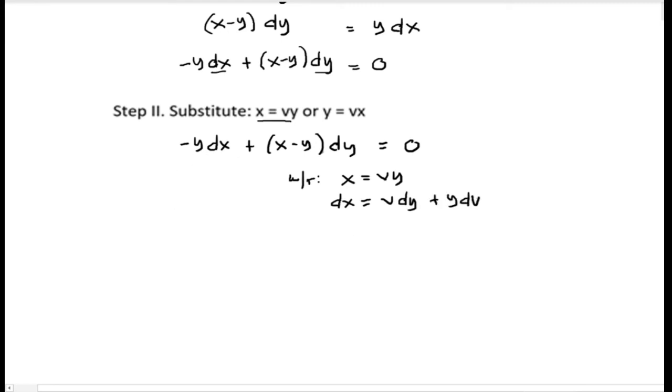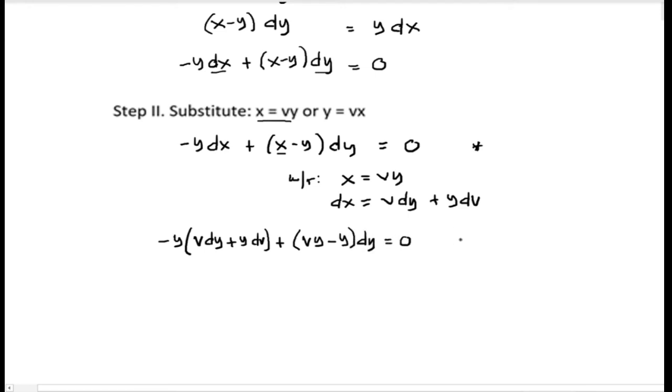Now, let's substitute to this equation. You have negative y, and dx here is v dy plus y dv, plus. For the second term, I'm going to substitute the value of x, which is vy. So we have vy minus y, and dy is equal to 0.